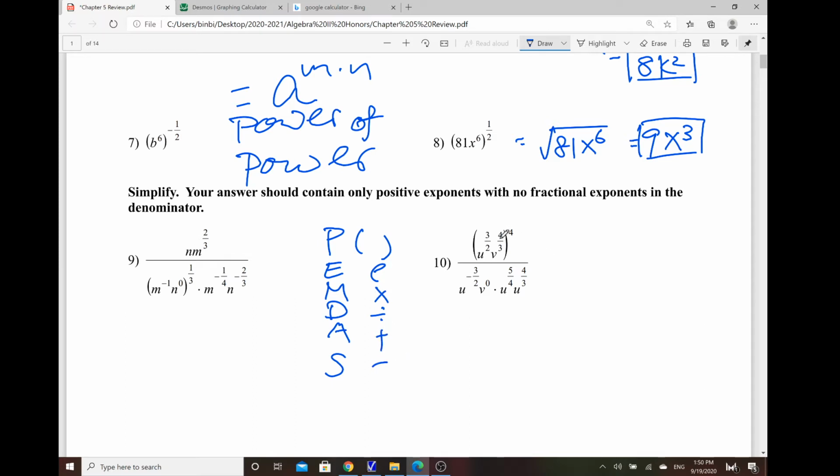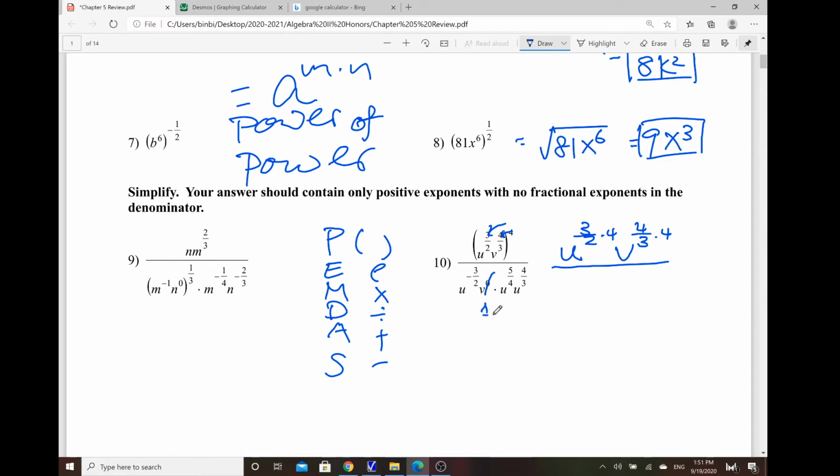But also at the same time, you need to apply the properties of exponent. So you see that 4 right here, so we want to distribute. So we do have u to the power of 3/2 times 4. And then v to the power of 4/3 times 4. Denominator, so you want to compare the bases. Well, one thing that we notice, v to the power of 0 is always 1.